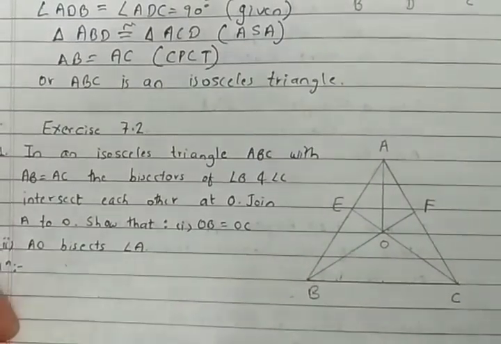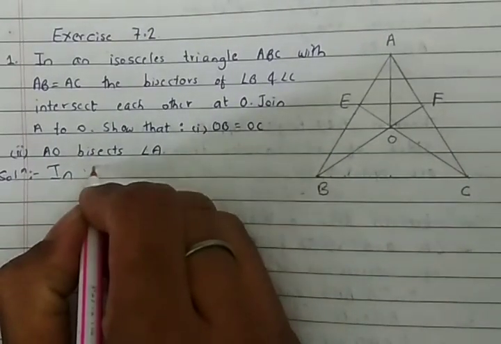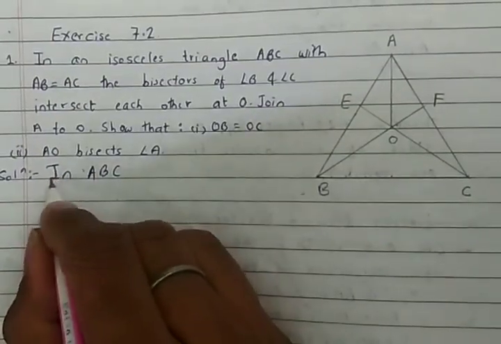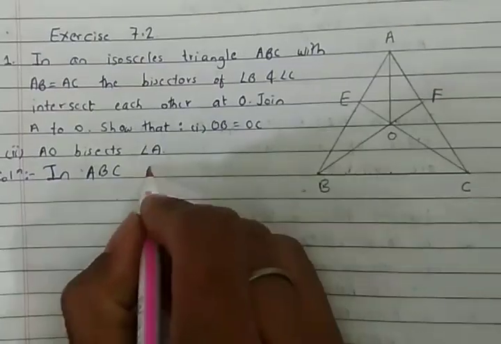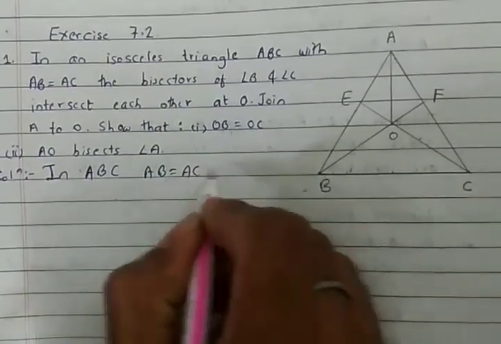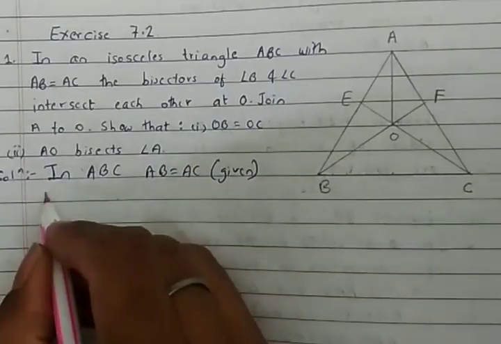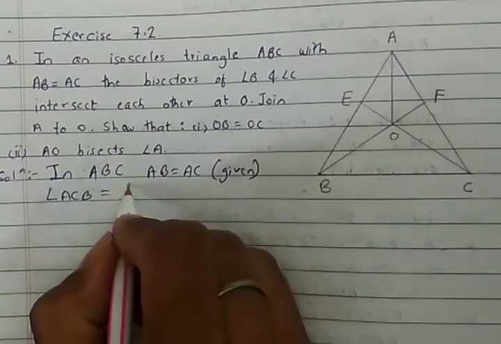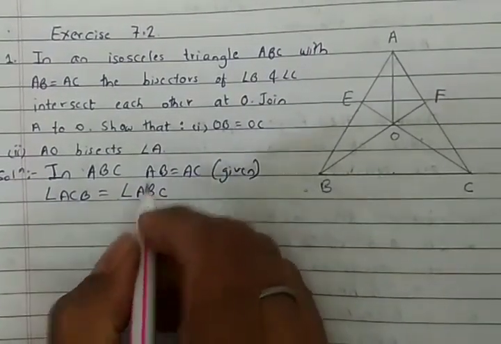So how will we start? Now in ABC, what information is given in this triangle? AB equal to AC. It is given. Now you can say that angle ACB equal to angle ABC, right?